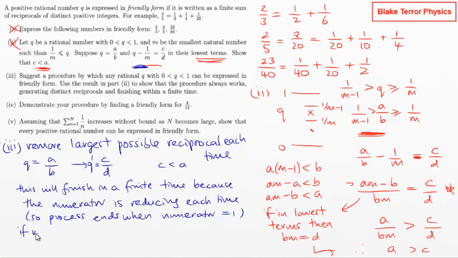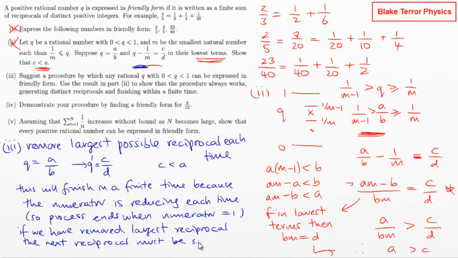So if we have removed the largest reciprocal, the next reciprocal must be smaller. Therefore, they will be distinct each time. Right, okay. Yeah, the distinct bit was a little bit tricky.